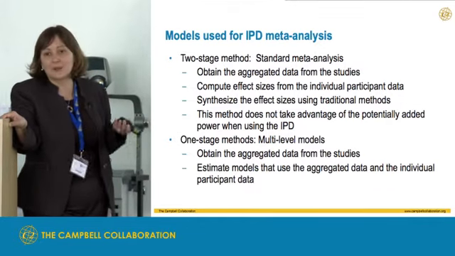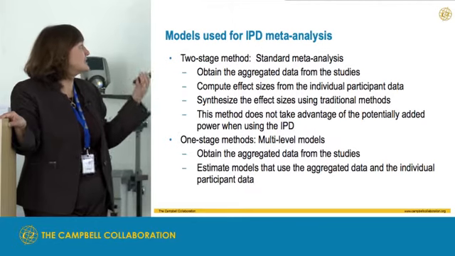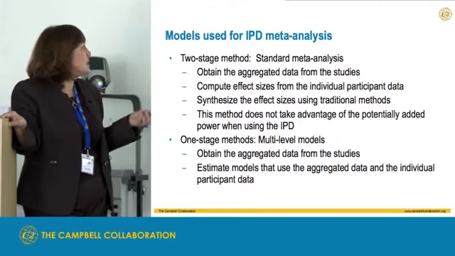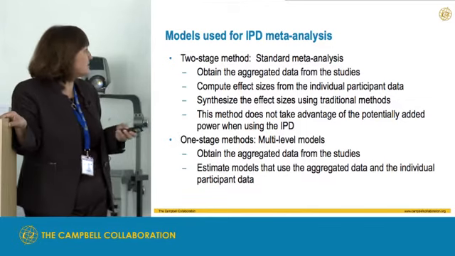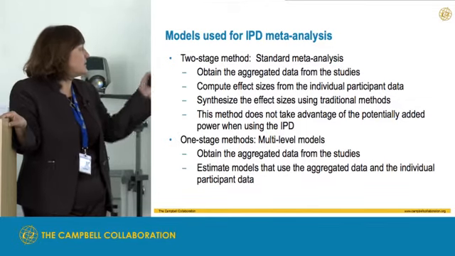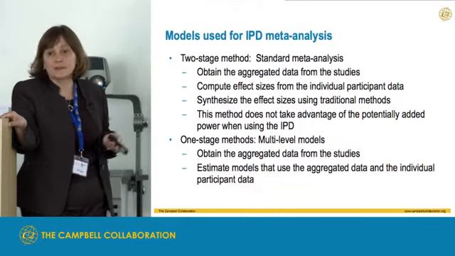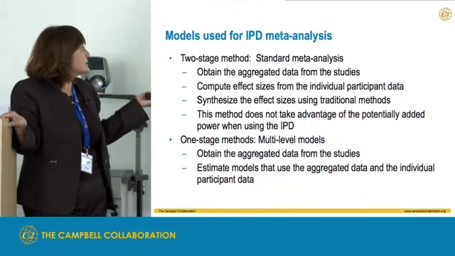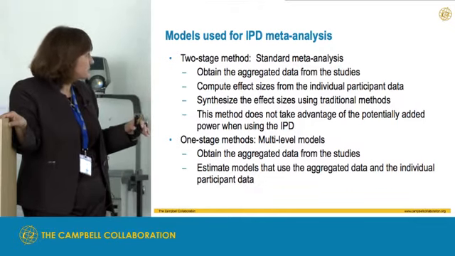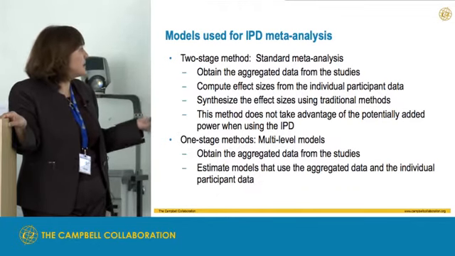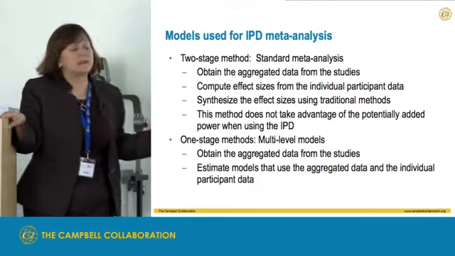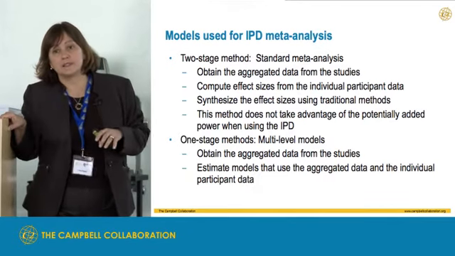We aggregate it up to the level of the study and synthesize using traditional methods, but we're not really taking advantage of the fact that we have the individual-level data. And then what Riley, in his paper in 2008, calls the one-stage method, where we have the aggregated data from the studies, and then we estimate models that use both the aggregated data and the individual participant data.